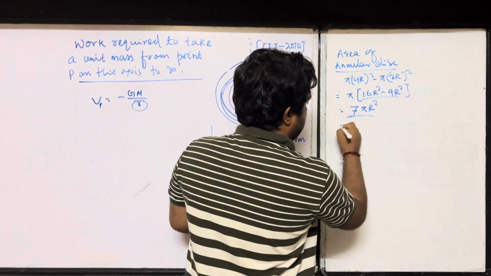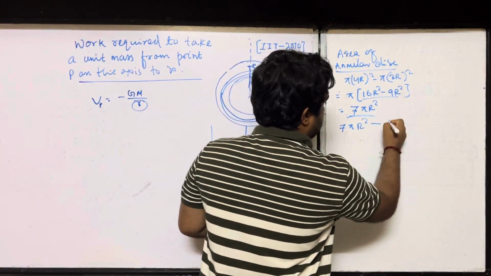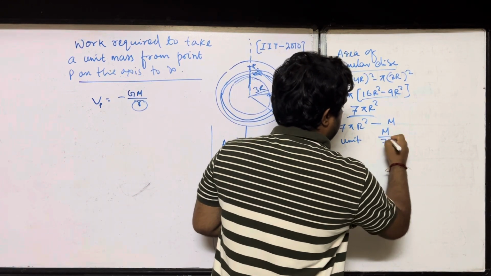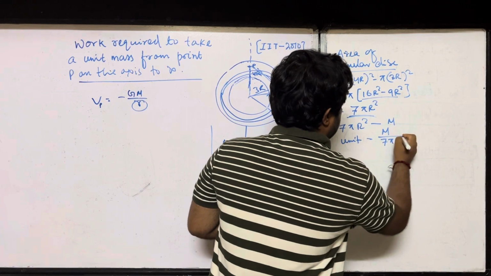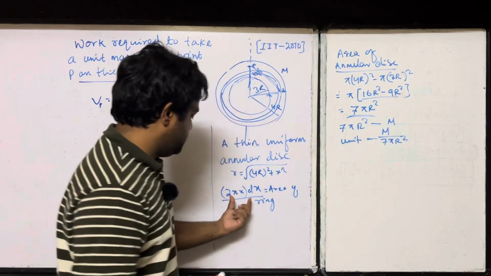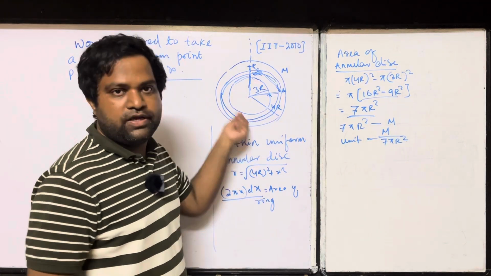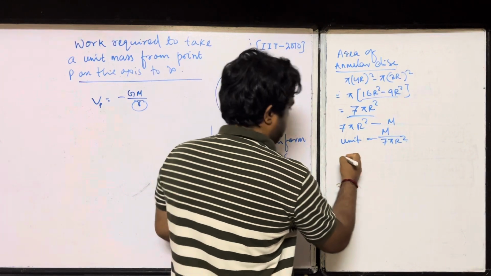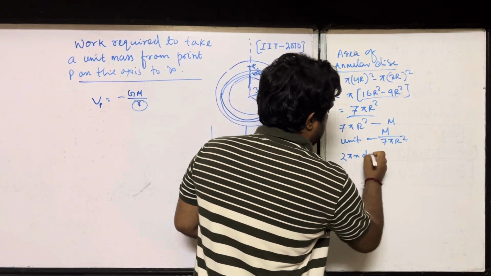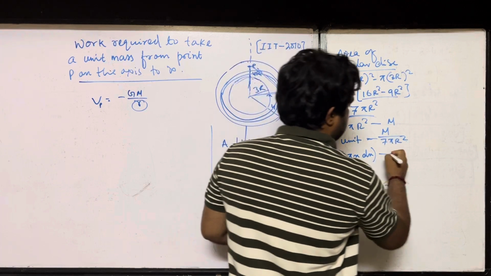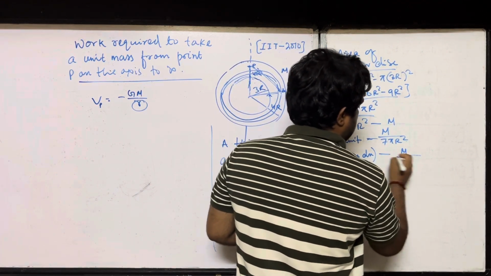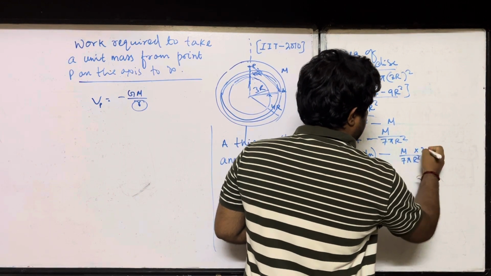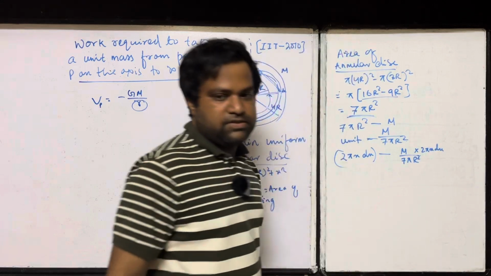Now this 7 pi r square area has the mass m. Using the unitary method, the mass per unit area is m by 7 pi r square. For the area of the ring, the mass of the ring will be m by 7 pi r square multiplied by 2 pi x dx.